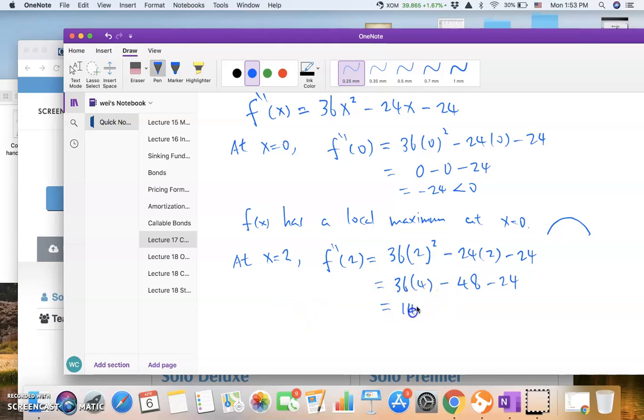So that's 144 minus 48 minus 24. Now, this result is positive. Because it's positive, the function has a local minimum at x equals 2.